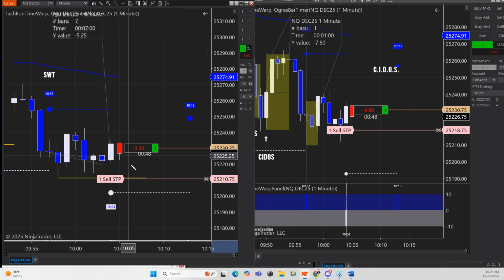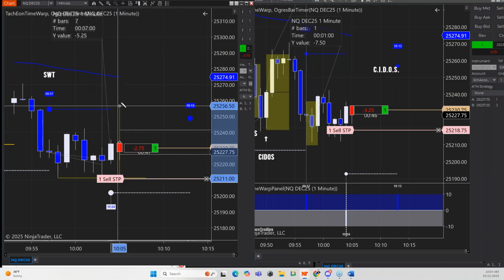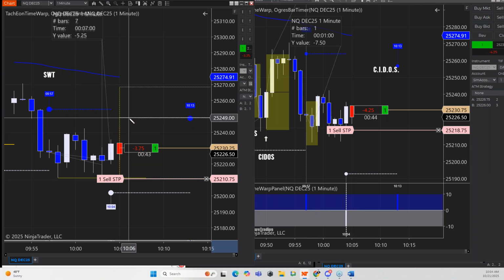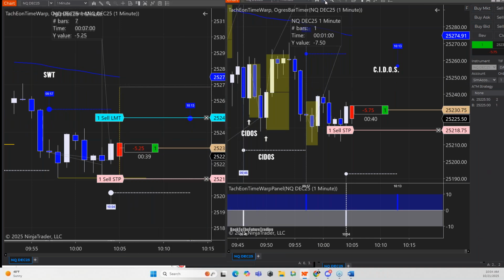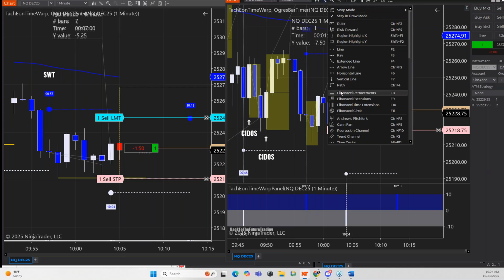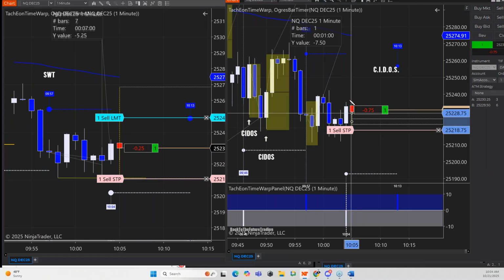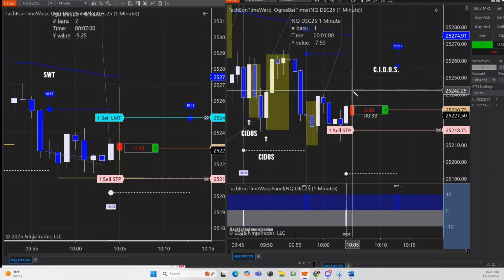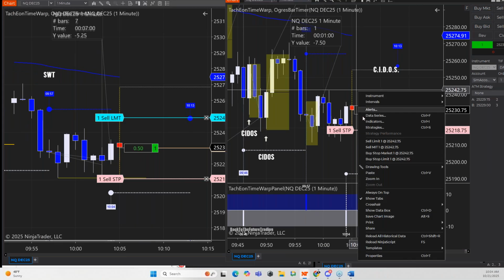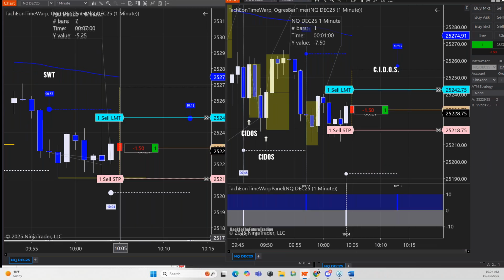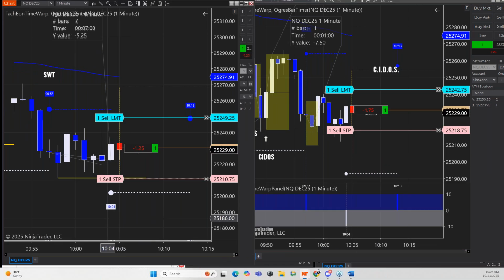Two different methods. 100% of my risk gets me to here. 100% of my risk with the CDOS gets me to there. Two completely different methods.